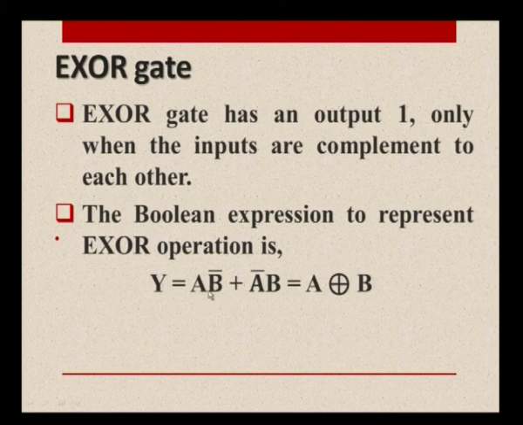This part of the output has a complement for only b, and this part has the complement only for a. So, the meaning is either a or b, because this is an OR operation. The complement should be a complement to have an output as a high value.